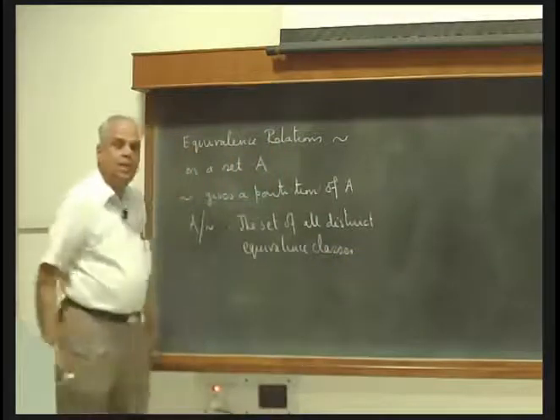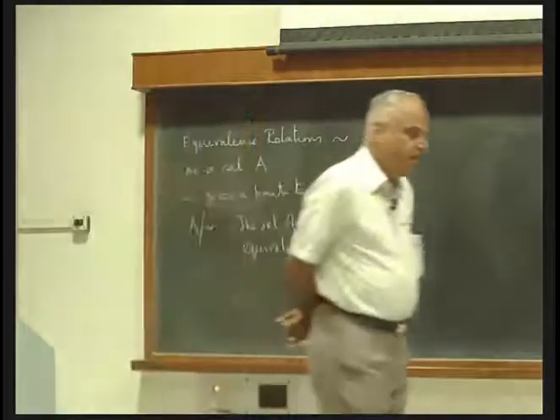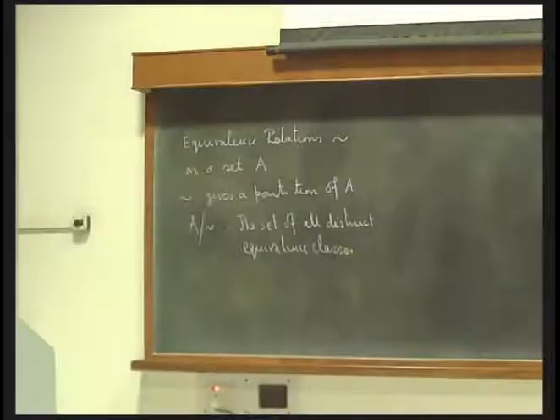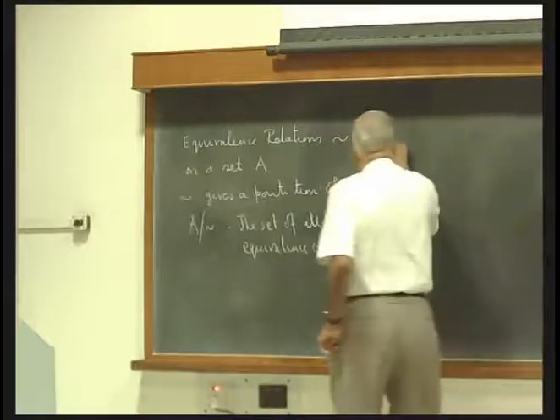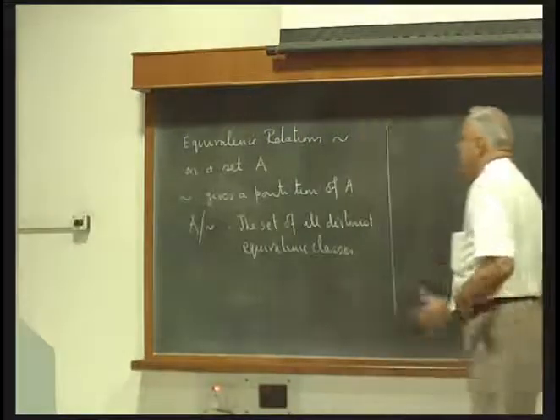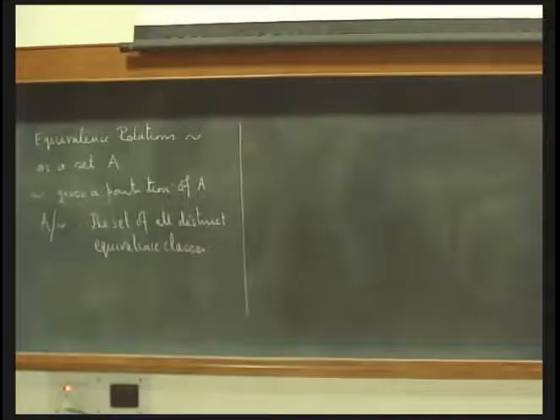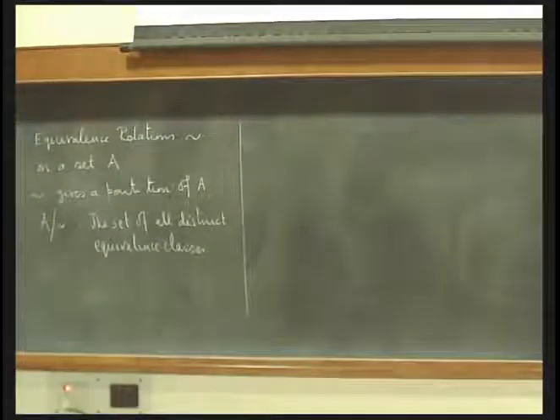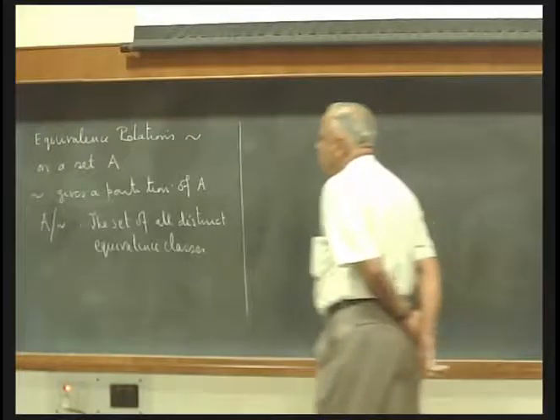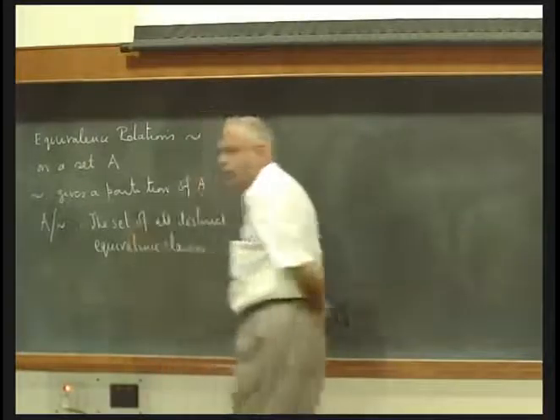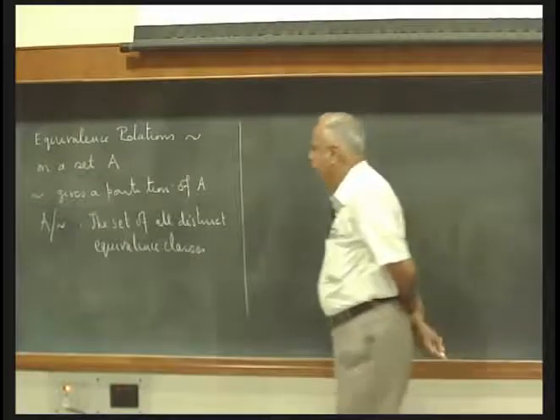So more or less, in a way, mathematics is done by breaking any mathematical structure into equivalence classes and studying each one of these classes with respect to some property. A certain characterizing property will be common to all the members in a particular equivalence class. So that's one aspect which we'll be using many times, equivalence relation.